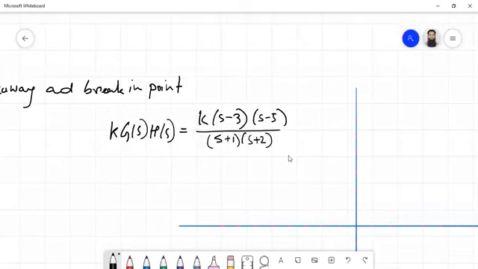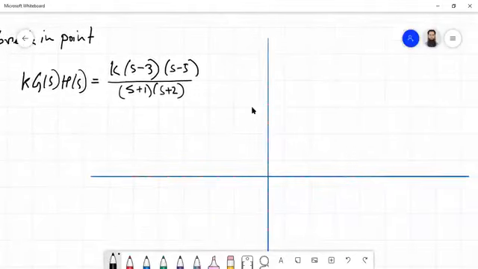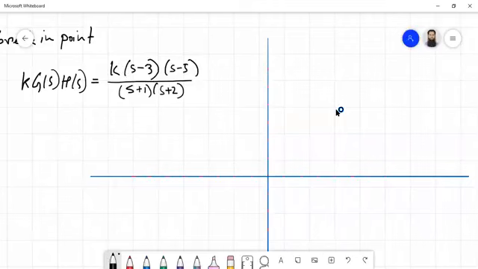So basically we have 2 poles and 2 zeros. The zeros are in the right half plane and the poles are in the left half plane.